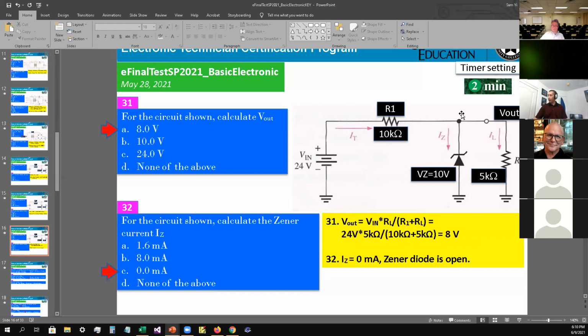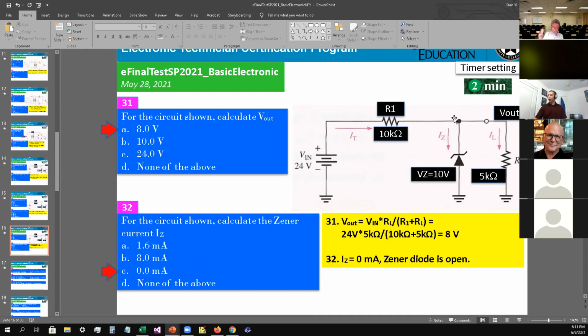Since 8 volt is less than the breakdown, the Zener becomes an open. Think about the normal diode: you've got 0 volt on the anode and 8 volt on the cathode, so this one is reverse biased and therefore an open circuit. We just ignore the Zener diode.